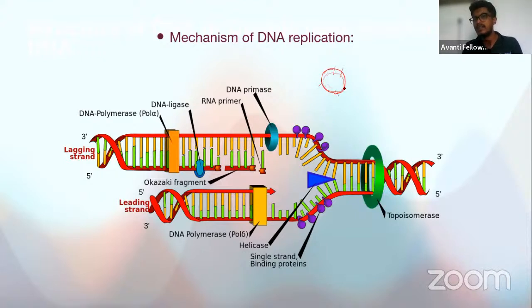That means the cells cannot use any place in the DNA to start the process of replication. So to start the process of replication, there are something called conserved sequences. So this whole mechanism of replication is very complexly wired within the cell.